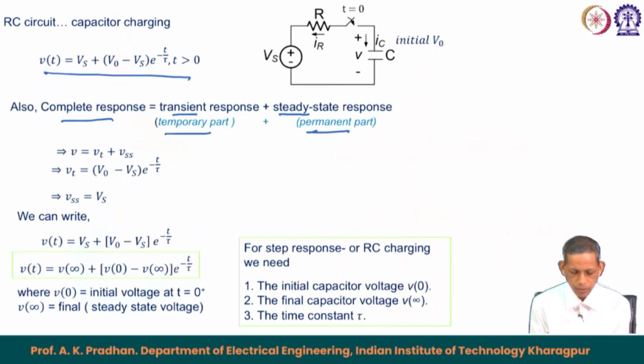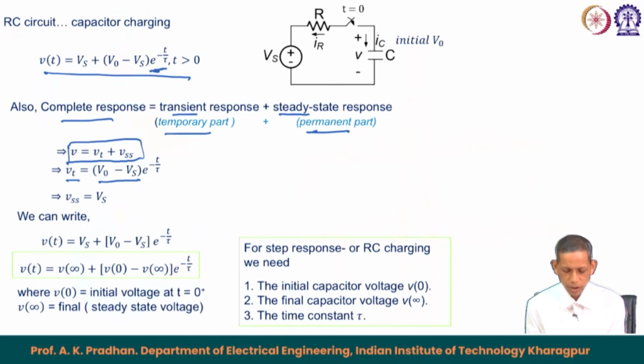So we can write V equals V t plus V s s, where t is for the transient and s s is for the steady state part. The transient part is V naught minus V s times e to the power minus t by tau, with the exponential term, and the steady part is the V s part. So you can also express the complete response of the circuit this way.